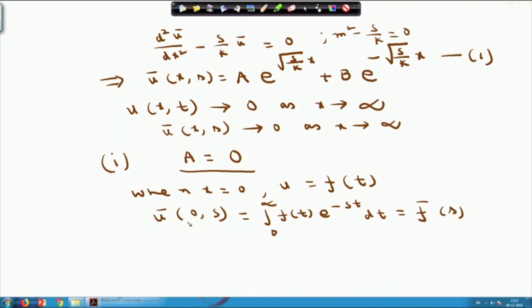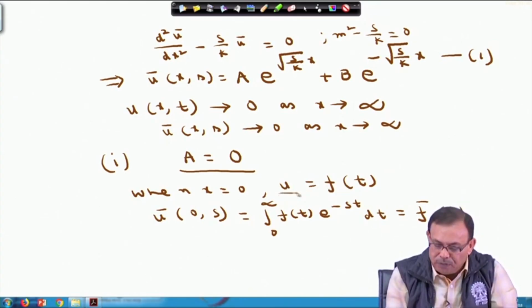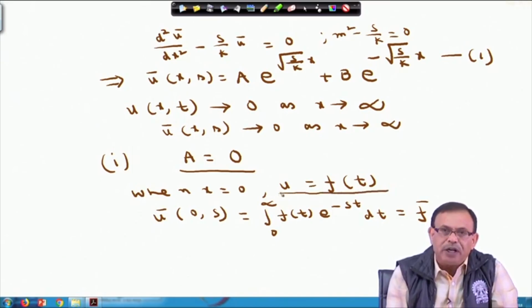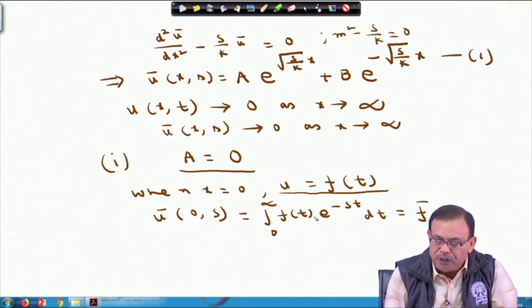For the second condition, u equals f(t) is known to us. I am taking the Laplace transform on both sides of this equation. The Laplace transform of u is u bar(0,s) at x equals 0, and this is the integral from 0 to infinity of f(t) e to the power minus st dt, which equals f bar(s).